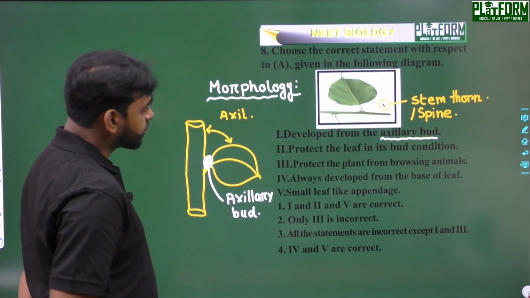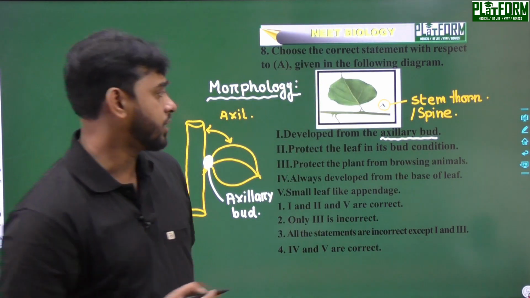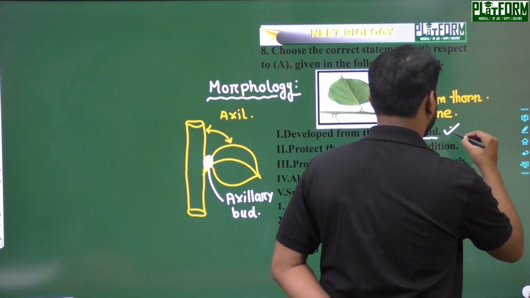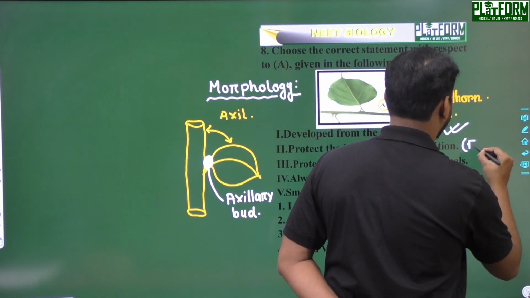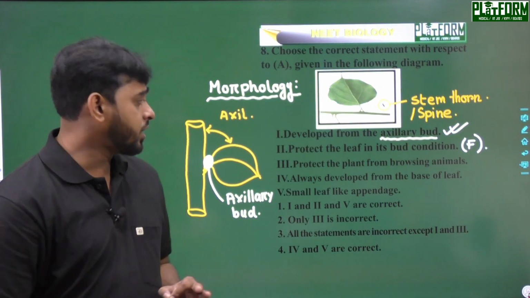The next one, it protects the leaf in its bud condition. This is a true statement, whereas this is a false statement. Why this statement is a false statement?